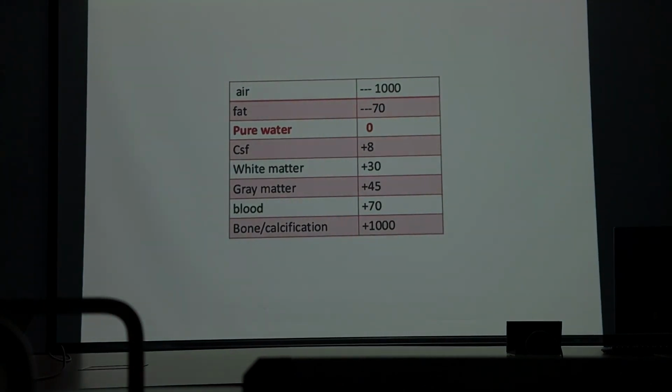Pure water is around 0. CSF plus 8, white matter plus 30, grey matter plus 45, blood around 60 to 70, and bone and calcification, the opposite of air, which is the higher density of plus 1000.